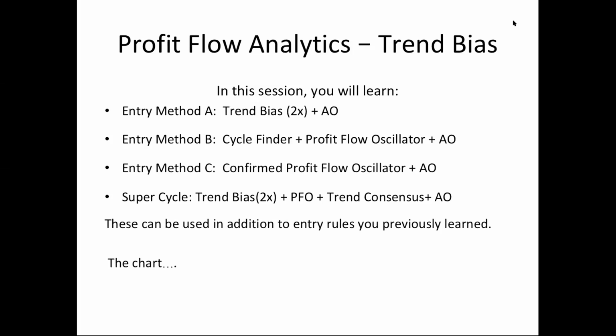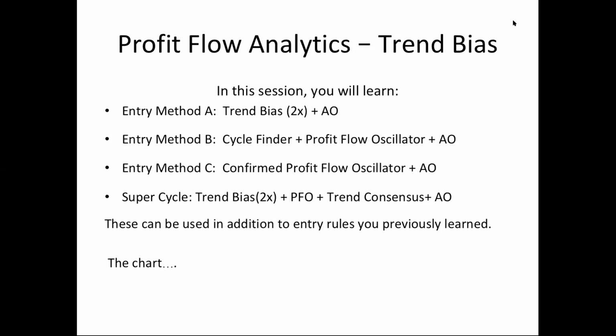That is a signal to enter a new position. So if both of the trend bias indicators have crossed down and the AO is red, you would go short on a futures or buy a put as an option.